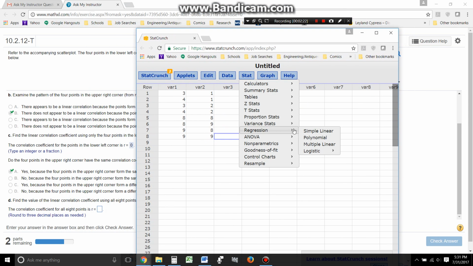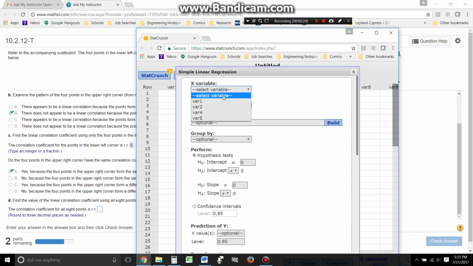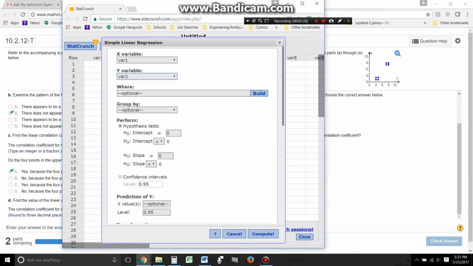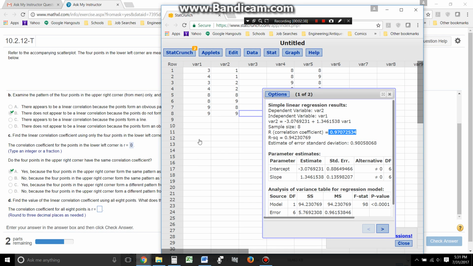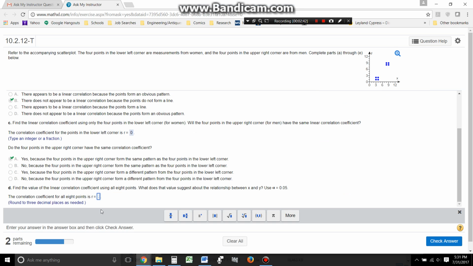So go to stat, regression, simple linear, var1, var2, and then hit compute. And here's the correlation. Now as you can see here, I got a much different result. 0.971.